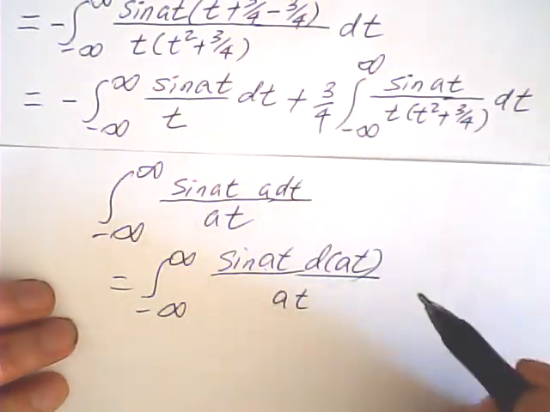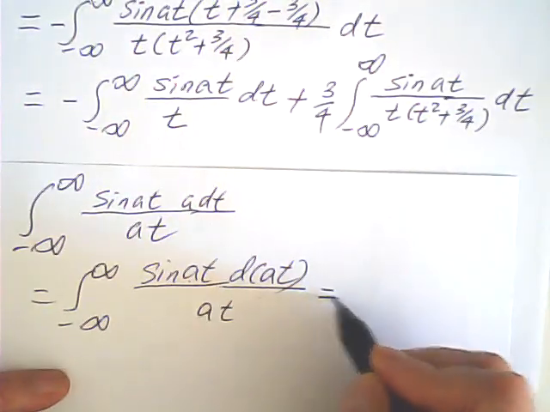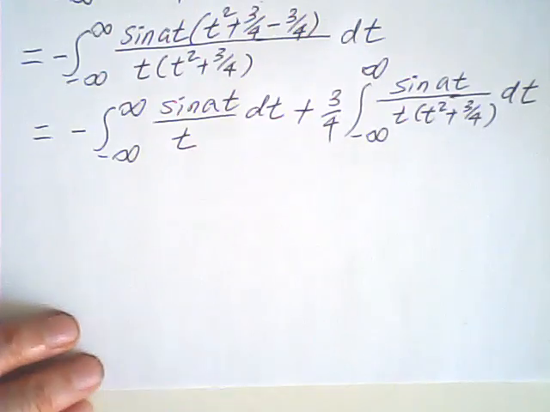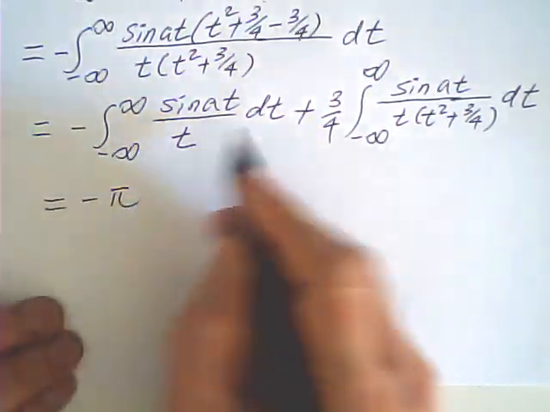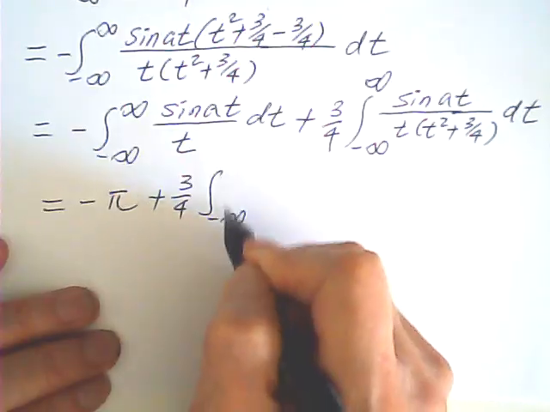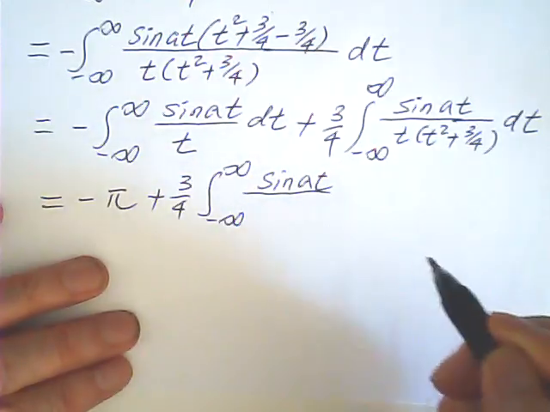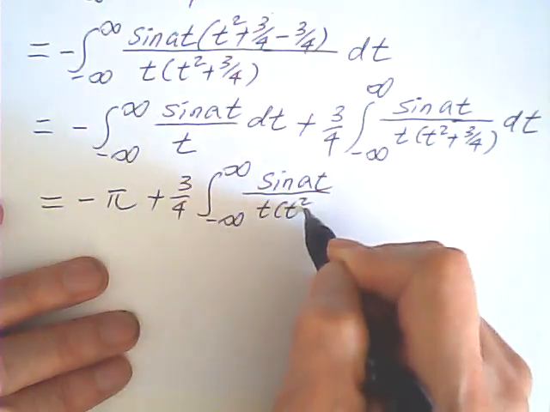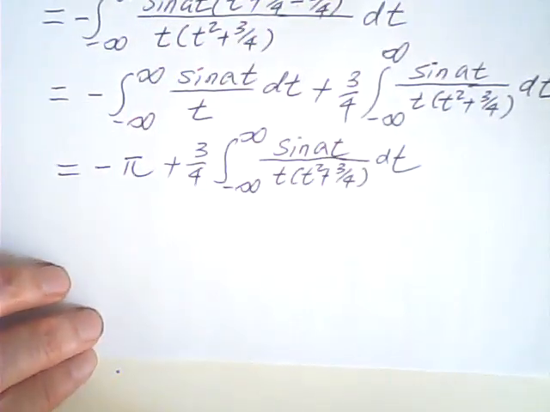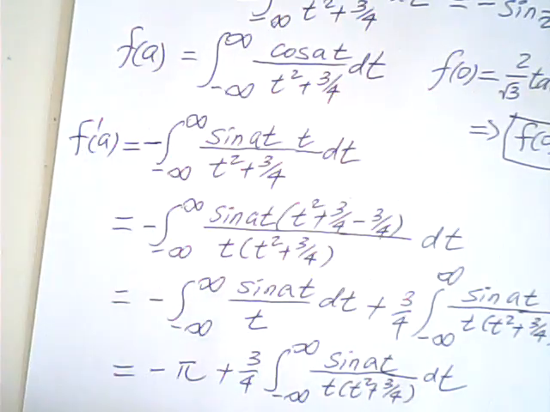That is a well-known integral, the Dirichlet integral or something like that. It equals pi, right? So this one equals negative pi. Then we have plus 3/4 times the integral of sine at over t squared plus 3/4 dt. And that is the first derivative: f prime of a is this.